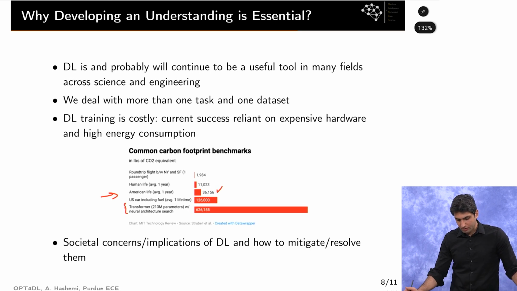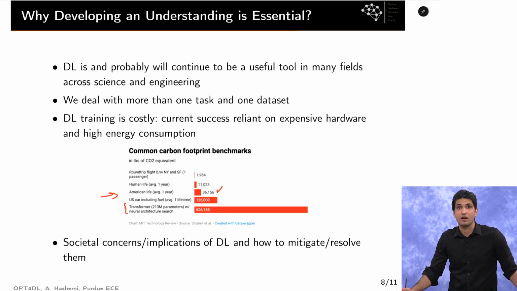And finally, there are societal concerns and implications of deep learning, and it is important to study this and develop approaches to mitigate and resolve them, okay? And to do that, naturally, we have to have a certain level of understanding of deep learning models and practices.